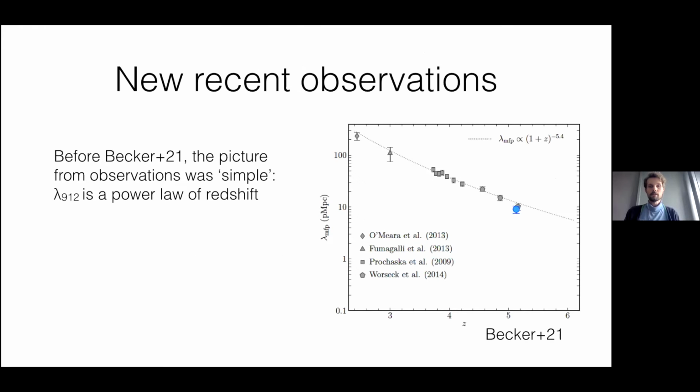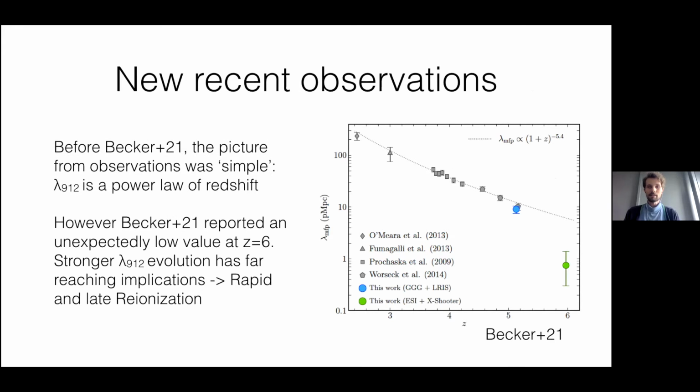Until very recently this year, our picture from the observational point of view was something like this on the right, which is a plot I stole from a George Becker paper. You can see that all our previous observations sat somewhere on this nice power law. It's very nice of nature every time things work in terms of power laws of redshift. But actually this year we learned that that was not true at all.